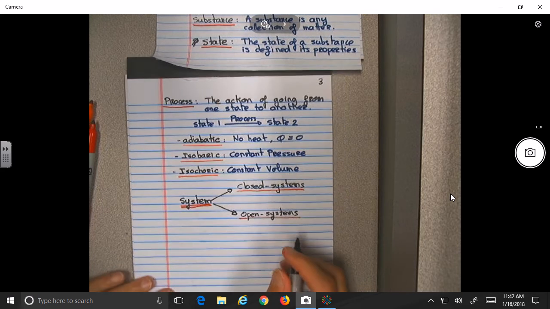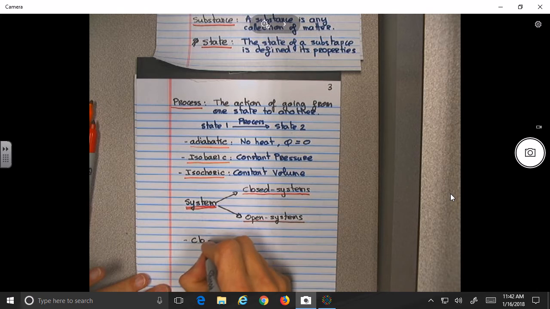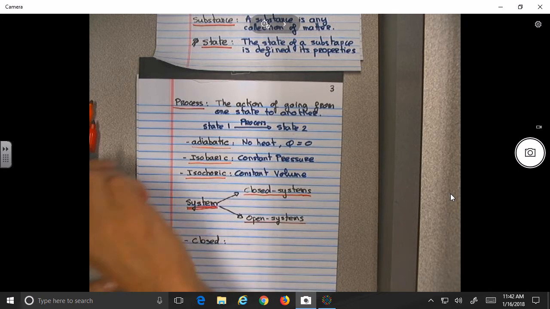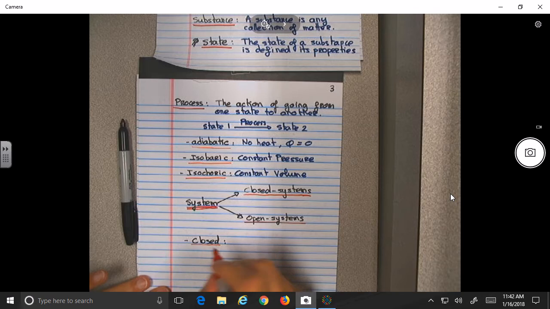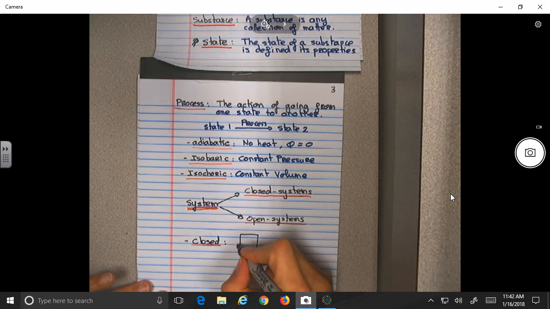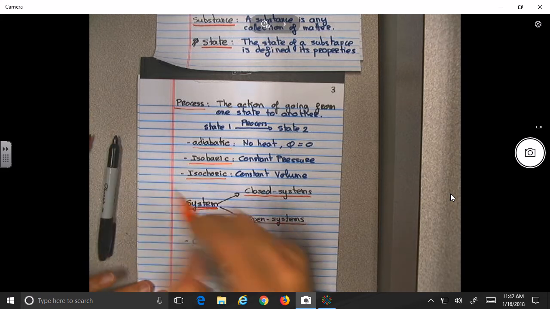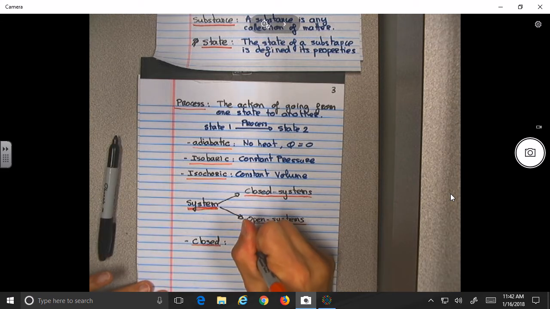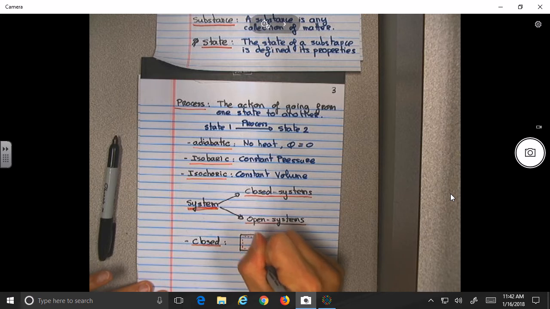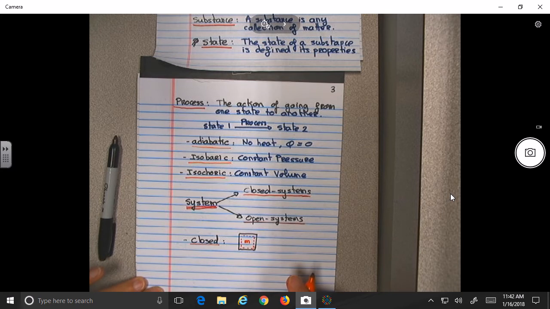Let me give very quick definitions. For a closed system, let me do a couple of pictures and then put a definition under. If you have an enclosed container and I draw a dashed line around it as the system, this will be a closed system. The amount of matter inside the closed system is constant.